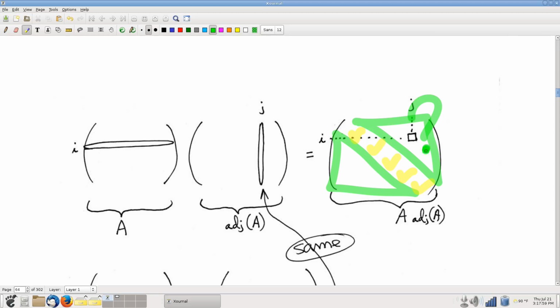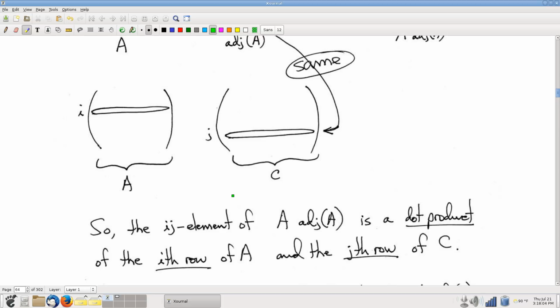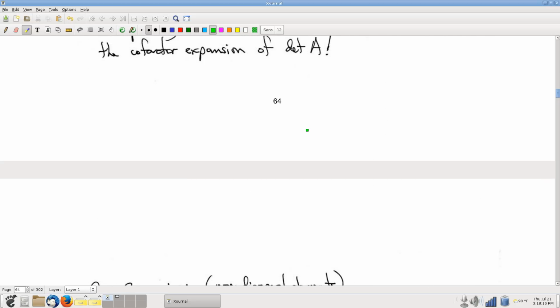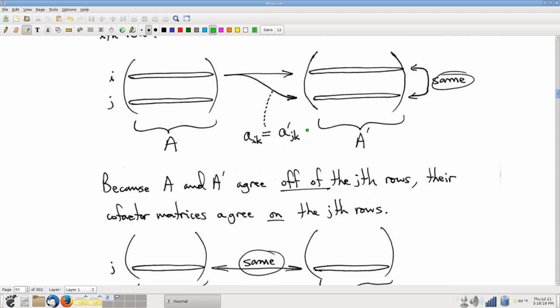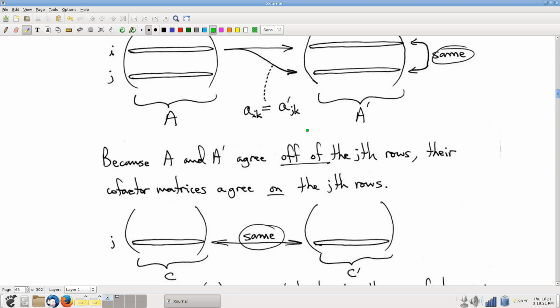We want to know what's up there and what's up there. Said differently, we are interested in dot products of the ith row of the A matrix and the jth row of the cofactor matrix. So what we're interested in then is this dot product. That dot that. Oh, excuse me, I'll color code better. I'm interested in that dot this.